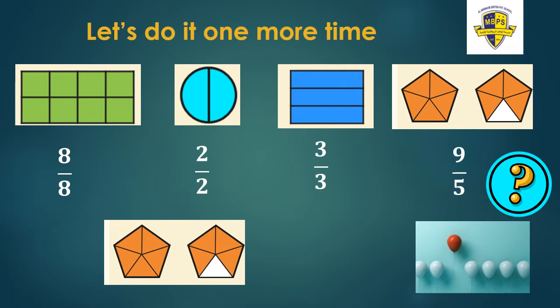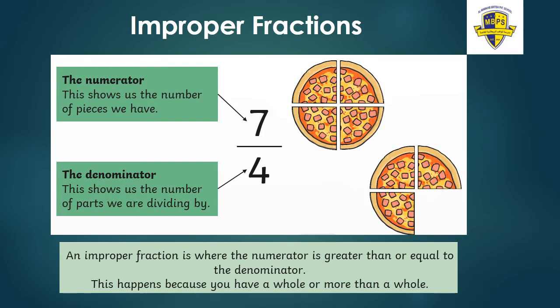So what do we name these fractions? Good. These are the improper fractions. And what we mean by improper fraction is where the numerator is greater than or equal to the denominator.